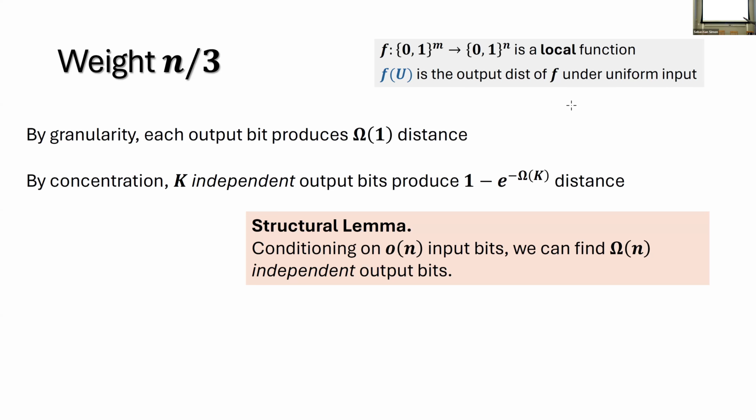This structure lemma says, after conditioning on some sublinear number of input bits, we can find a linear number of independent output bits. If we don't do conditioning, then it's possible that every output bit is correlated with each other, because some input bit may be wired into every output bit. In that way, we cannot find a large k. But if you remove those highly influential input bits, you can find many independent output bits.